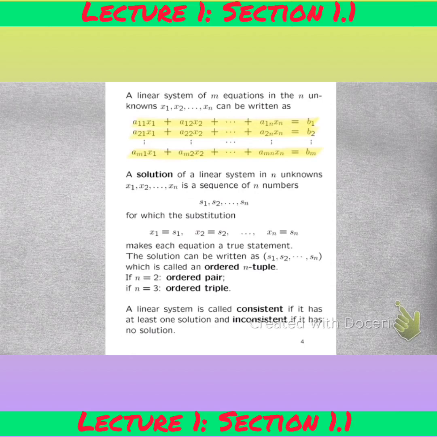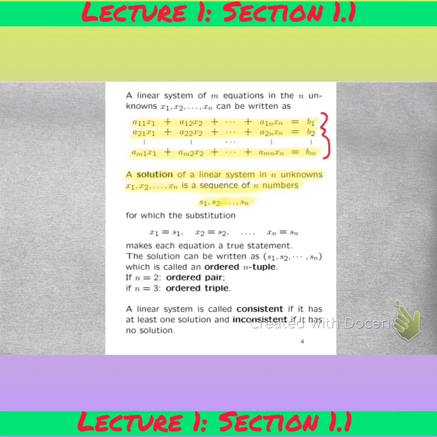And we say that a solution of this linear system in n unknowns is a sequence of numbers, s1 up until sn, because there are n unknowns, so each variable should have a solution. These s's, the sequence of numbers, is a solution if and only if I plug them into the original system and each equation is satisfied.